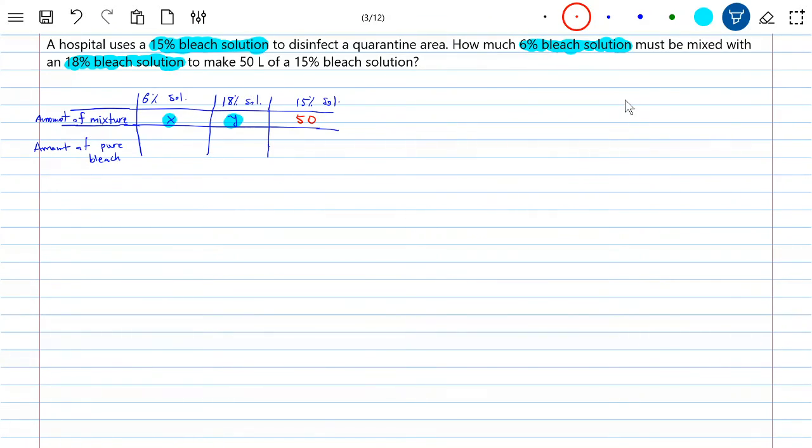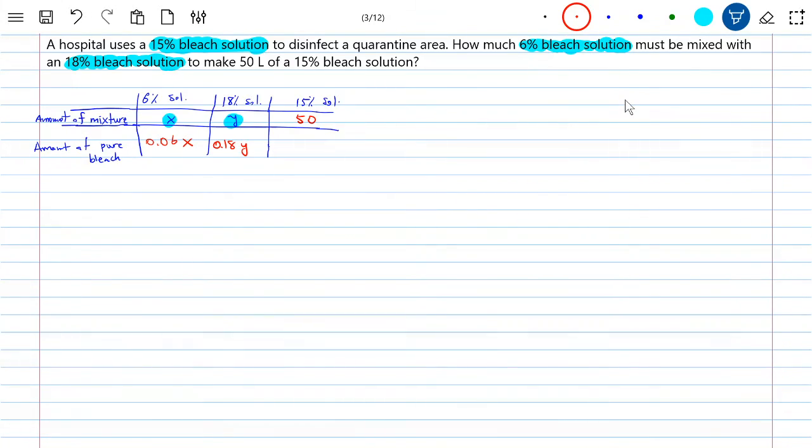you have 6% of that x amount. So that is 6 divided by 100, which is 0.06 times x. This is the percentage of the solution for the variable x. And the percentage for the variable y would be 18 divided by 100, so 0.18 times y.